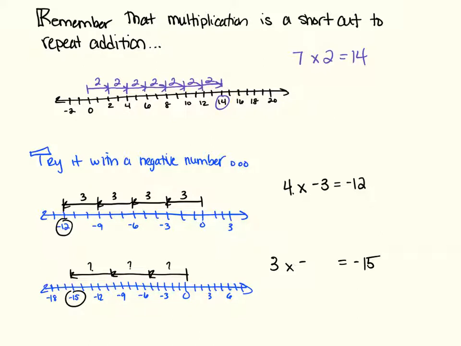So what times 3 can possibly give us a solution near a number that's 15? If you said negative 5, that produces a negative 15, you are correct. So the distance of each one of these is 5 units. And we know it's negative because it's going to the left.